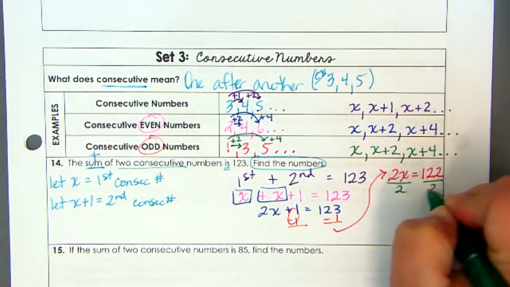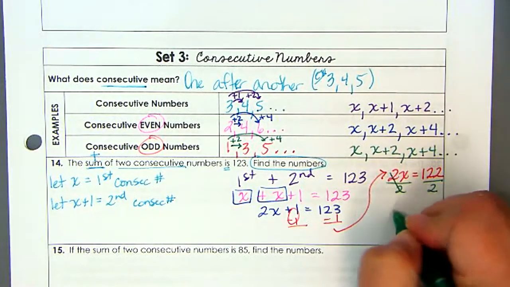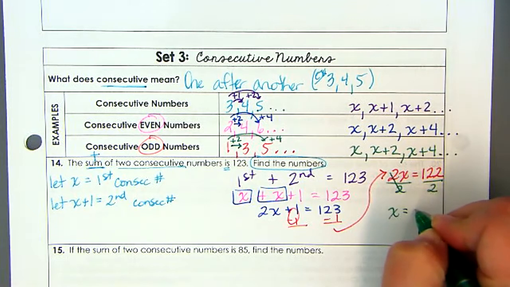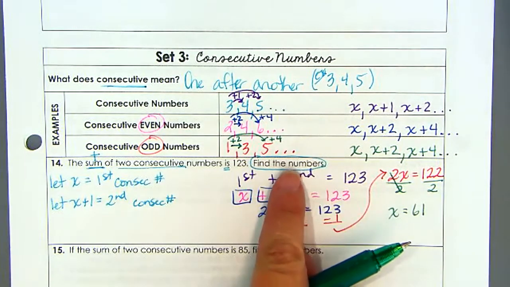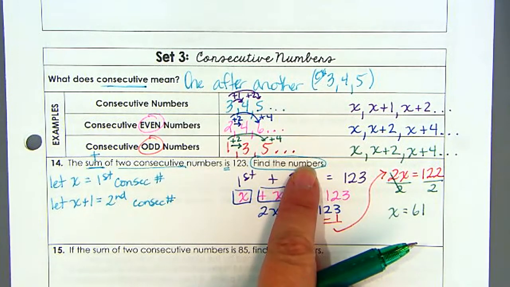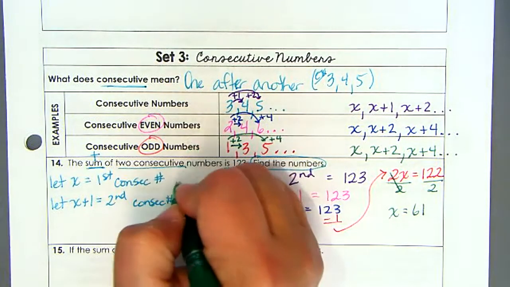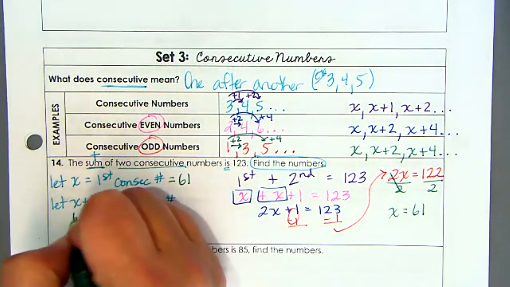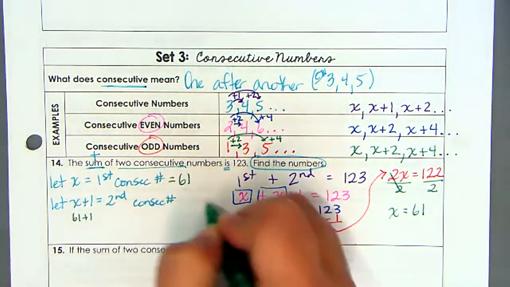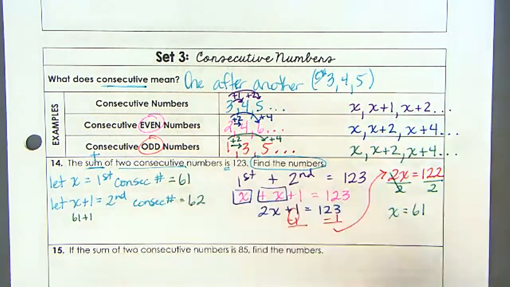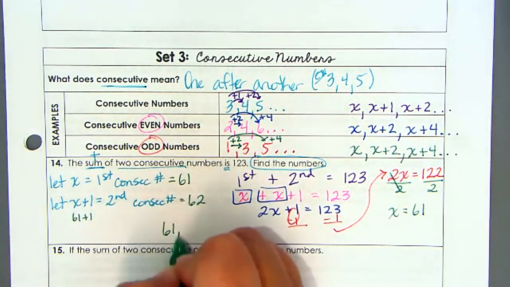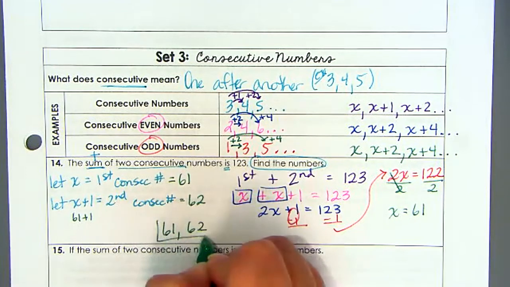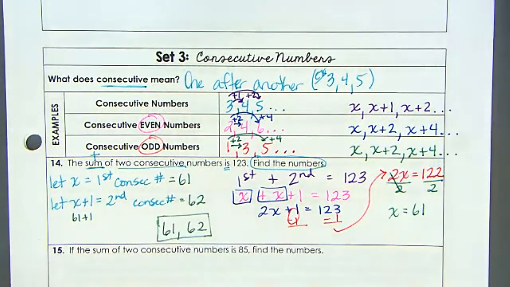Divide by 2, divide by 2. X equals 61. Now, it says to find the numbers. That means I need both. I know that the first is 61. Well, obviously, I'm going to do 61 plus 1, and that's going to give me the second of 62. So my numbers are 61, comma, 62.